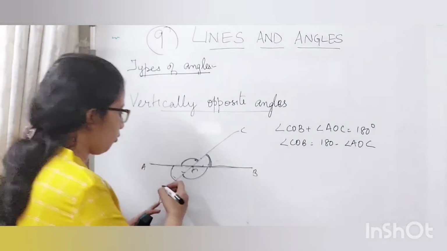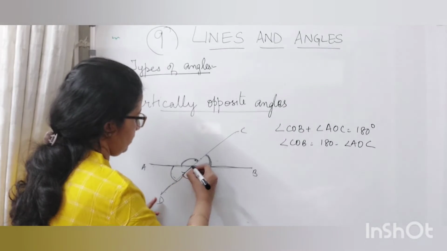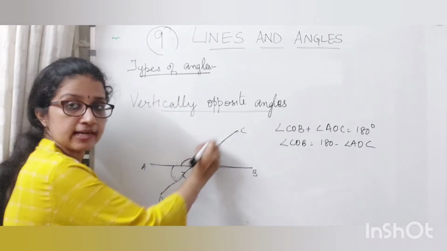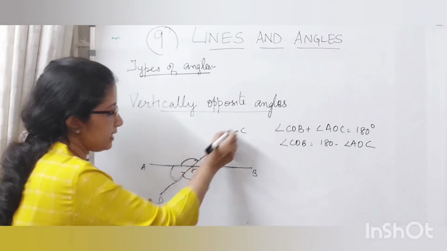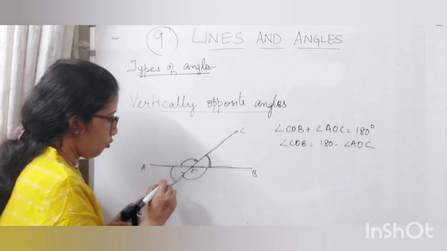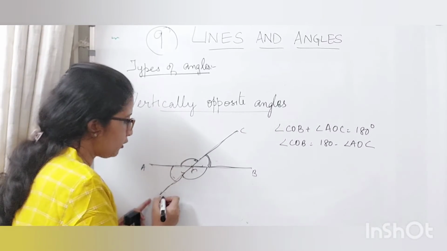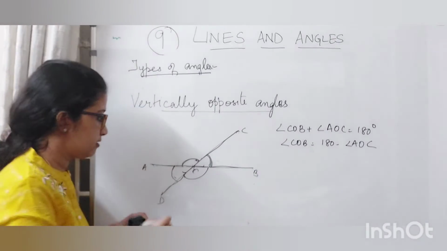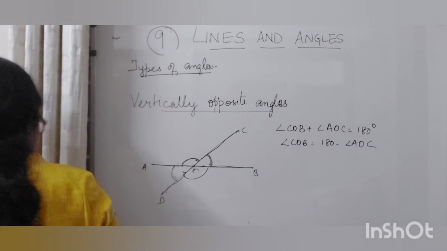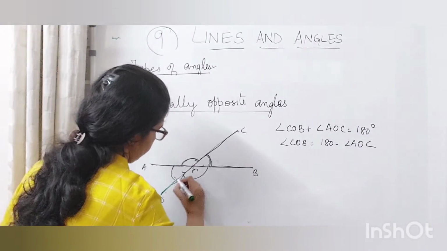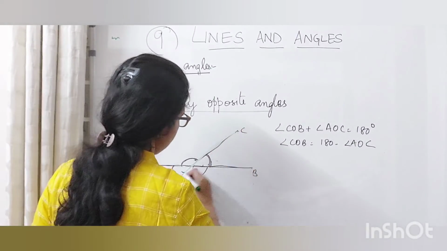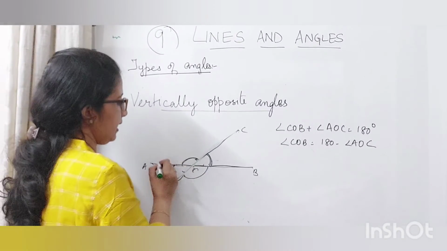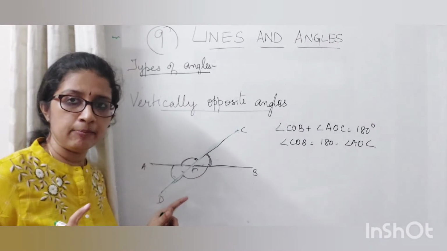Correct? Now take this line DOC. This is a straight line, right? DOC is a straight line. Correct? So this angle AOD and angle AOC are linear pairs. So let's take this line. If you take this line, angle AOD and angle AOC are linear pairs.